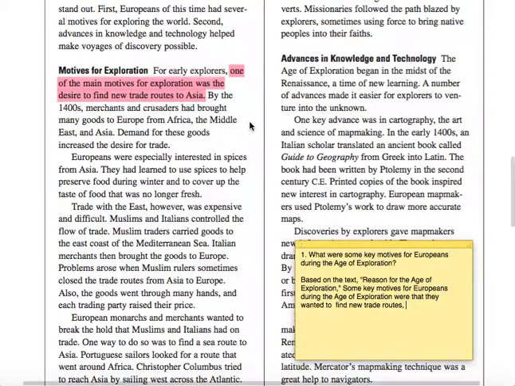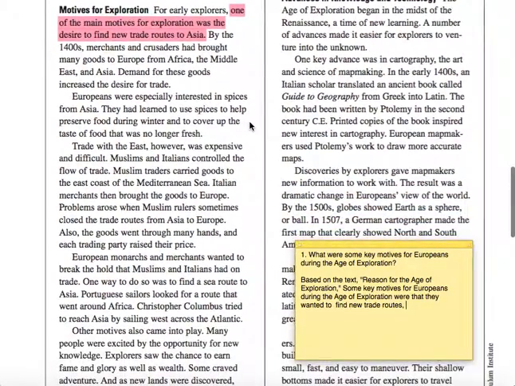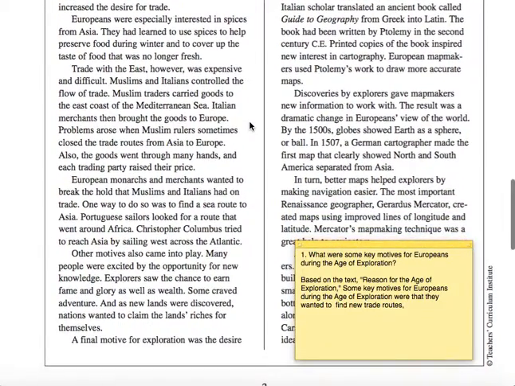By the 1400s, merchants and crusaders had brought many goods to Europe from Africa, the Middle East, and Asia. Demands for these goods increased the desire for trade. Europeans were especially interested in spices from Asia. They had learned to use spices to help preserve food during winter and to cover up the taste of food that was no longer fresh.